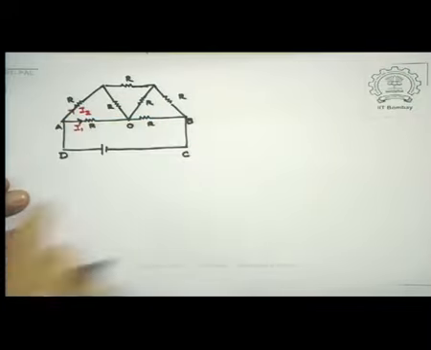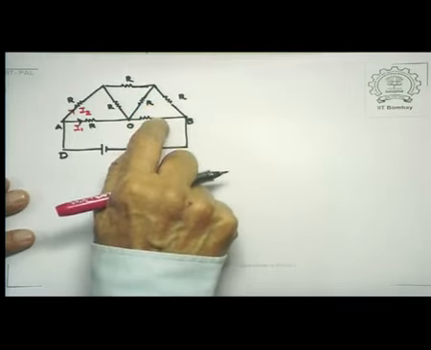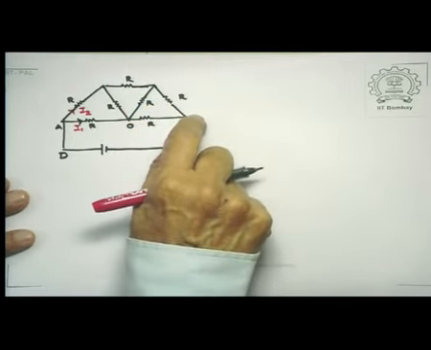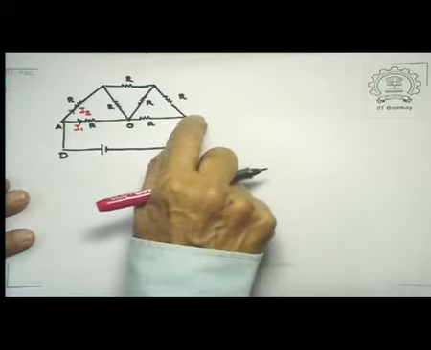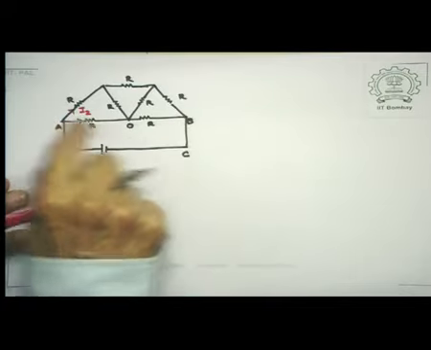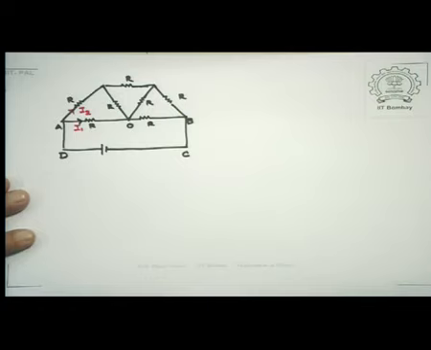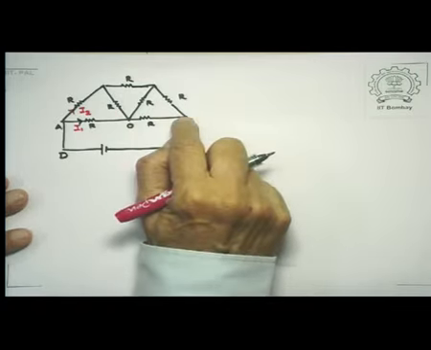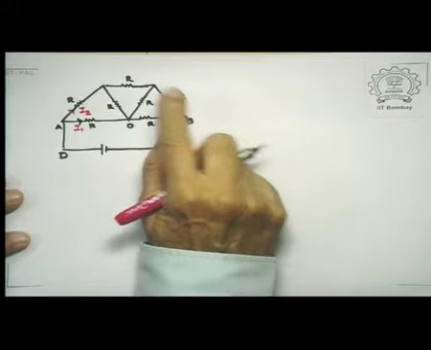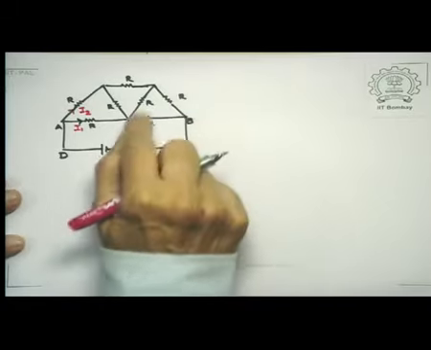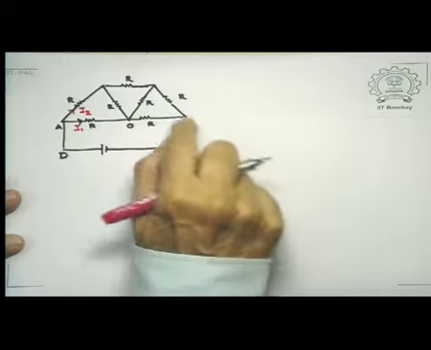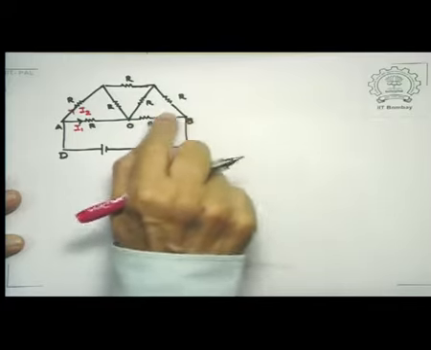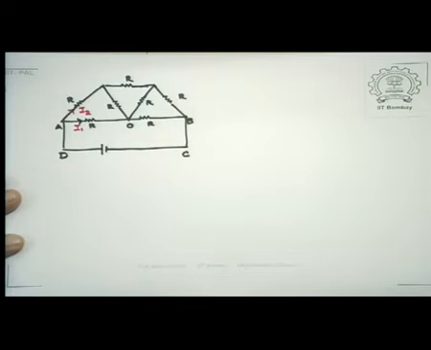Now one thing I noticed is these two branches with respect to the point B are symmetrical as these two branches are with respect to the point A. So therefore, one of these branches must supply I1 and the other branch must supply I2. That is, one of these branches must take in I1 and another I2. The only thing that we have to decide is which one carries I1 and which one carries I2.